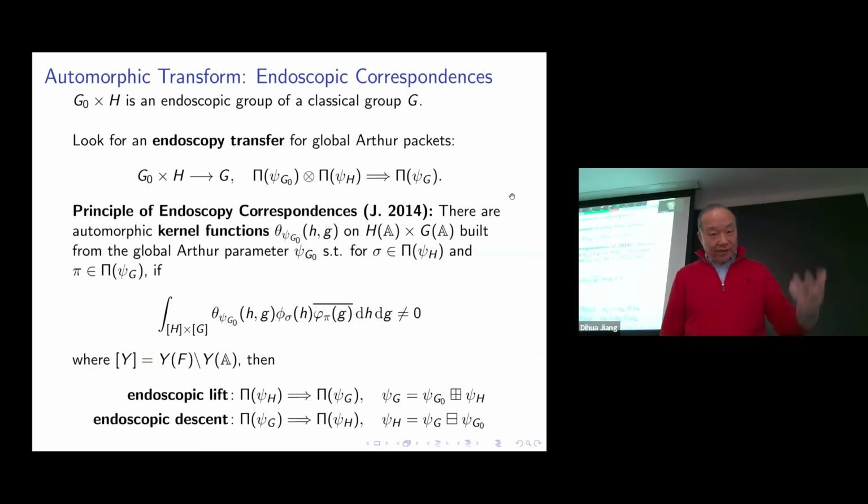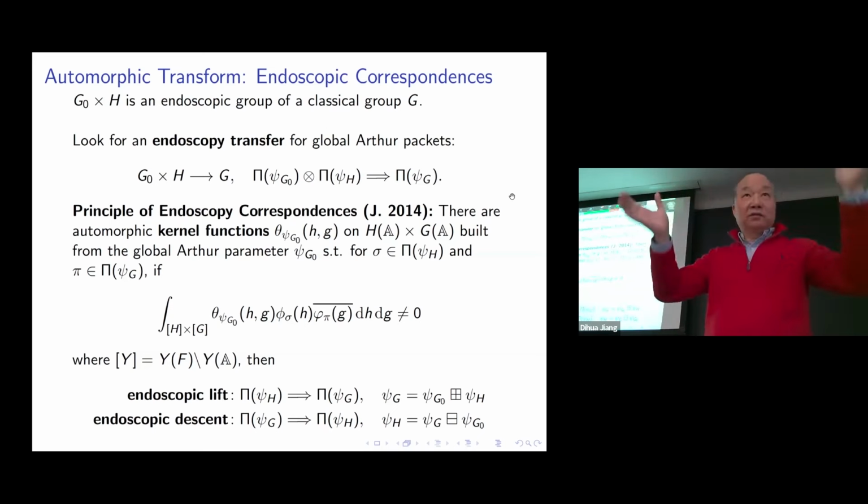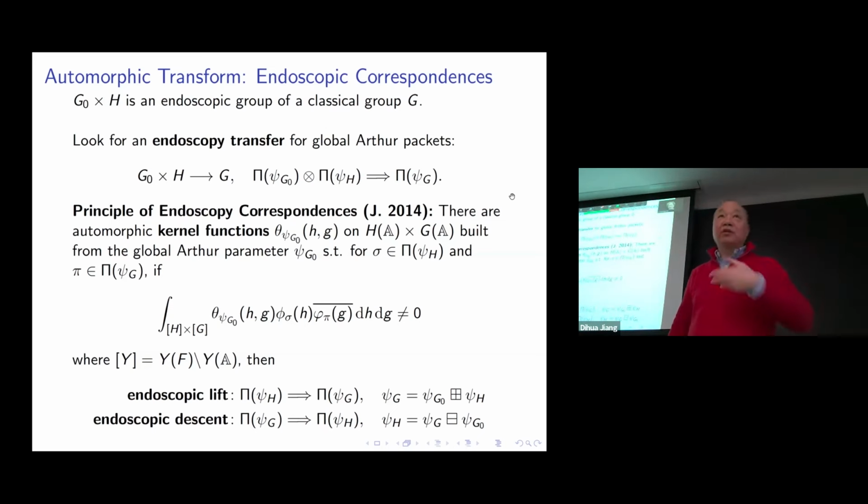But still you can construct it. This kernel is given by a Fourier coefficient of a certain residual or Eisenstein series, but in the big group. You go to the big group and take a small representation, and you can realize this representation as a quotient of an induced representation. So it's a similar feature.